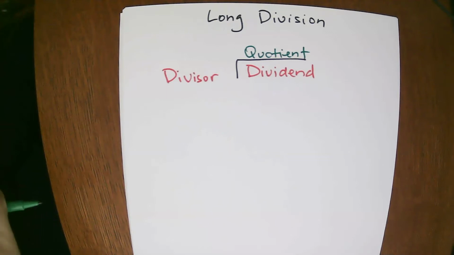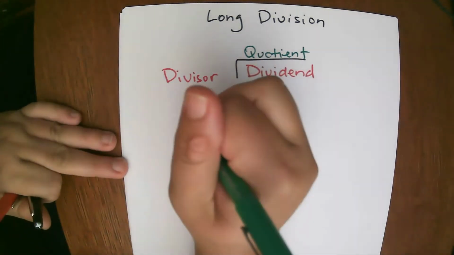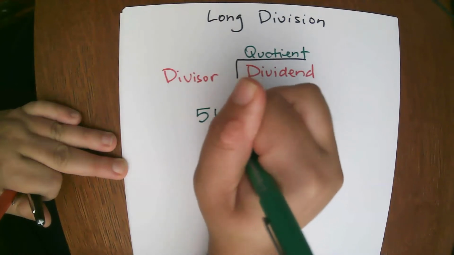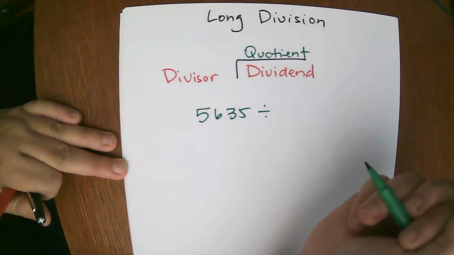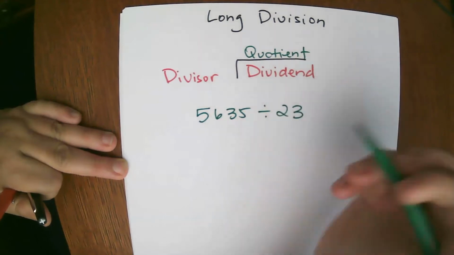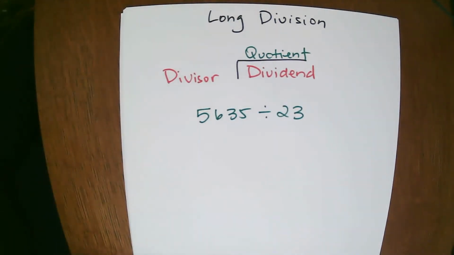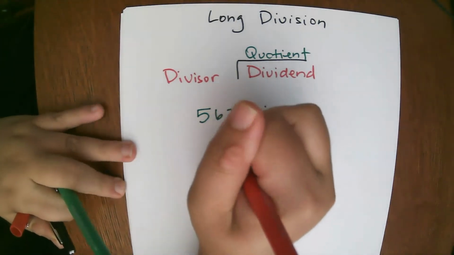So if you have the following problem, 5,635 divided by 23, that first number is going to be your dividend always.